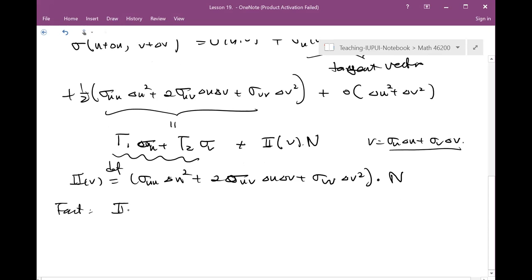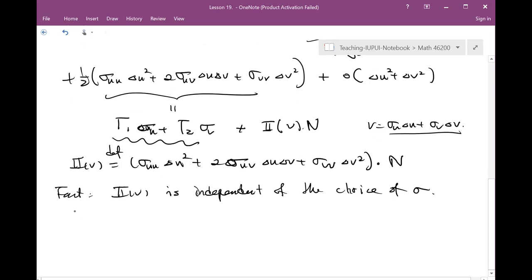The second fundamental form is independent of the choice of sigma. However, the tangent part depends on the choice of sigma. That's the first fact.